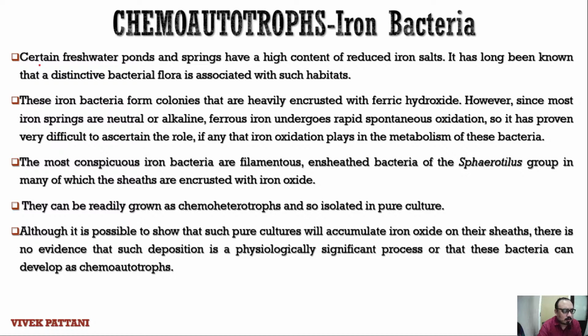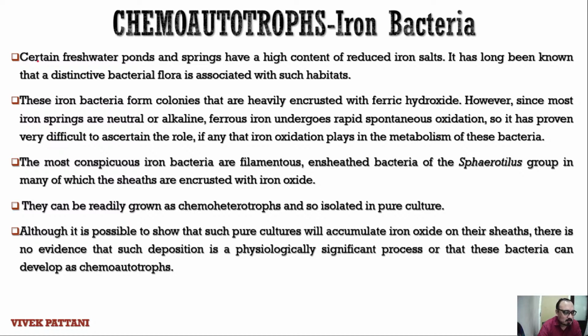Various freshwater ponds and springs have a high content of iron salts. It has been known that distinct bacterial flora are associated with such habitats, and these iron bacteria form colonies that are heavily encrusted with ferric hydroxide.